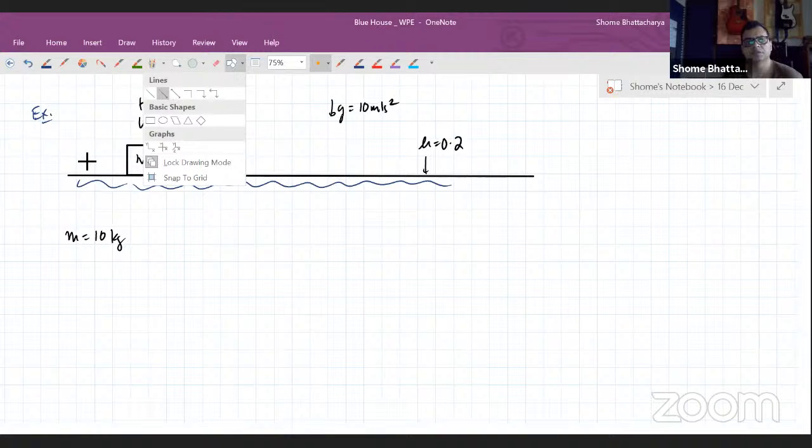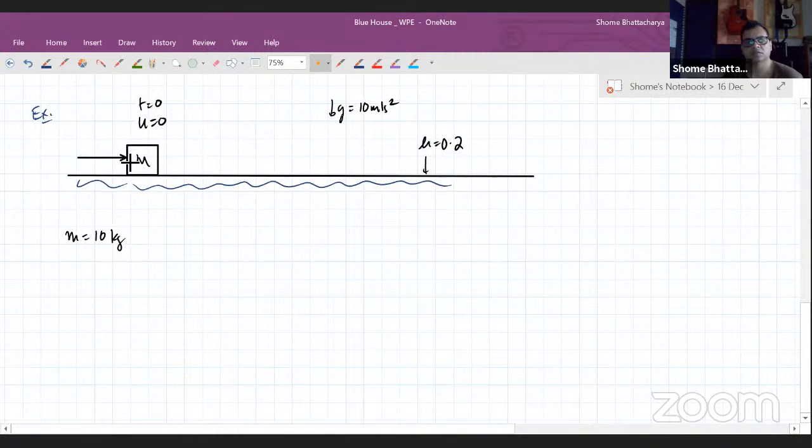But what we now do is apply a horizontal external force on it.